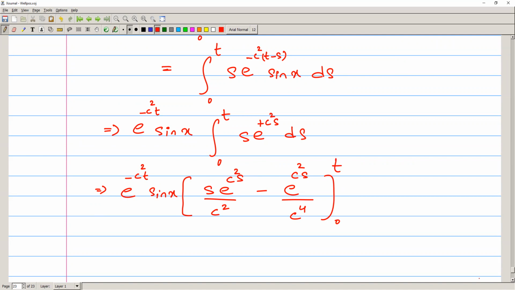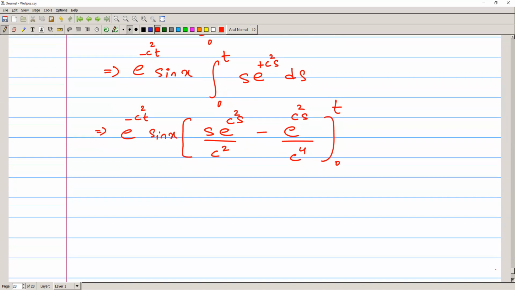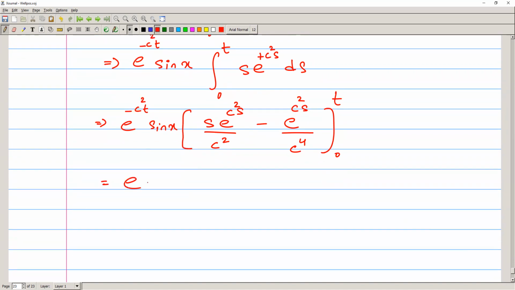And limits are from 0 to t. We will apply the limits. So it will be e to the power negative c squared t sine x times t e to the power c squared t over c squared minus e to the power c squared t over c to the power 4, and then plus 1 over c to the power 4.